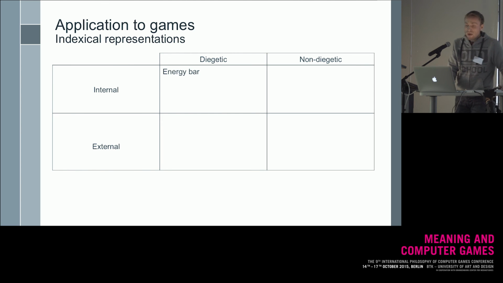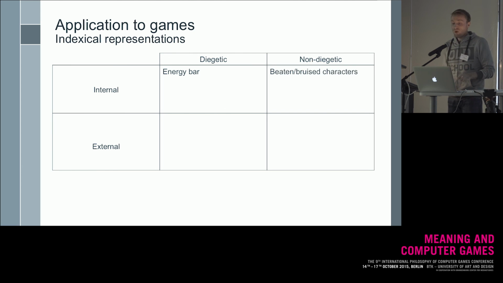For example, an energy bar is a diegetic internal indexical representation. Why? Because the energy bar is causally connected to the mechanic inside of the game. If there wasn't a causal connection, the energy bar wouldn't work the way it works. Of course, it is connected computationally, but also causally in the physical structure of the computer.